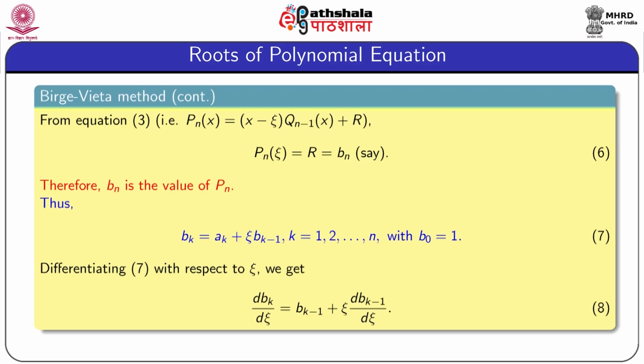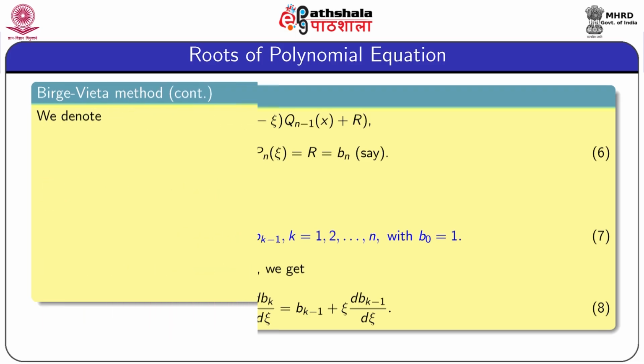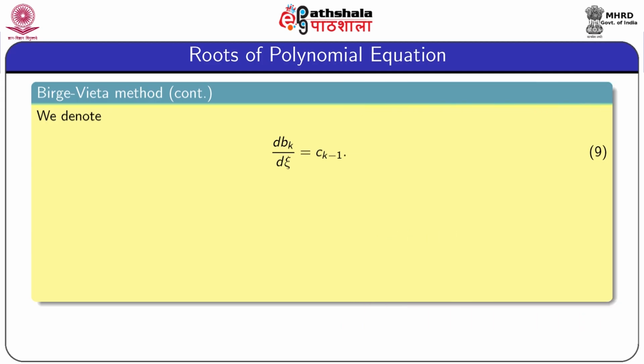Now, to simplify equation 8, we use the notation dbk/dxi equal to c_{k-1}. Then the above recurrence relation reduces to c_{k-1} equal to b_{k-1} plus xi c_{k-2}. That means this is the recurrence relation for c's, and it depends on b's and c's of lower order.